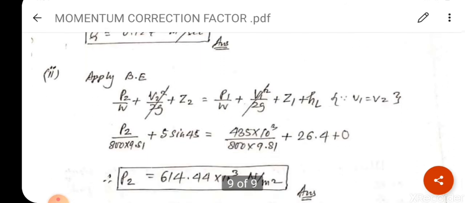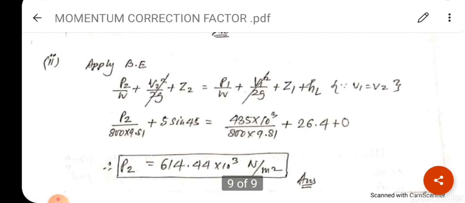Now this is the very important part of this question, that is, pressure P2 is to be found out, but pressure 1 is kept at 435.